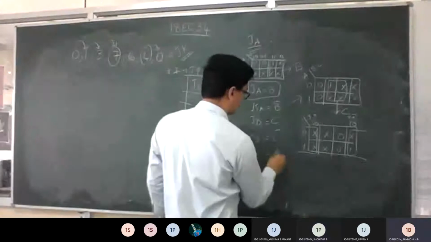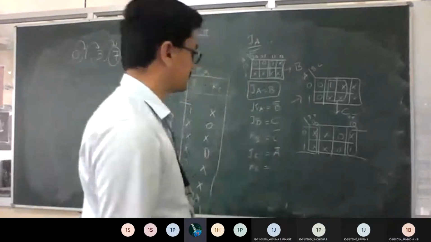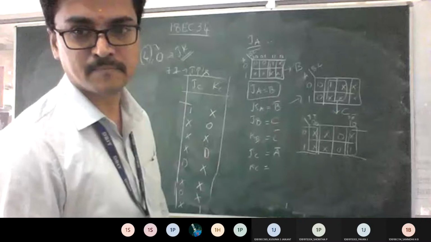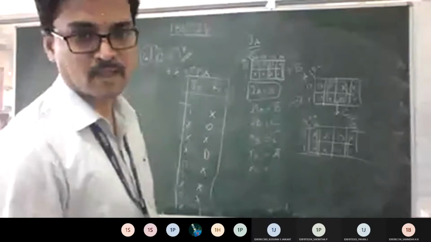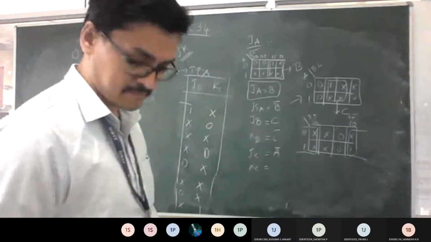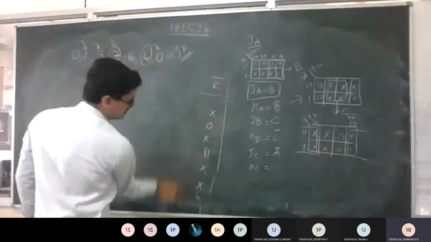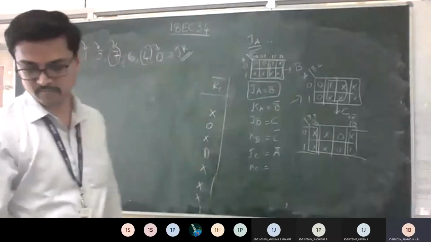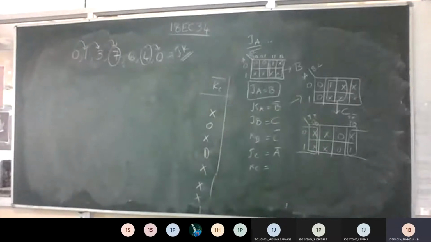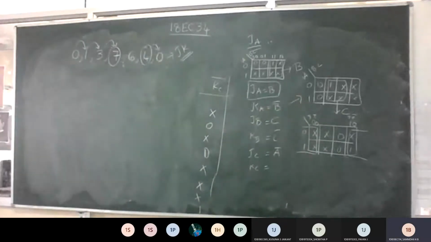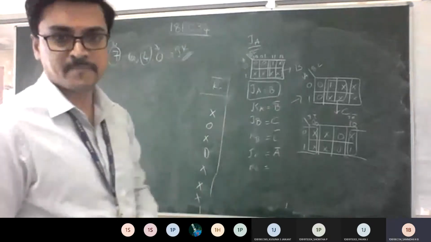JC, A bar. Okay, good. So others got the same answer, right? Yes, sir. Last one, KC here? How much here?